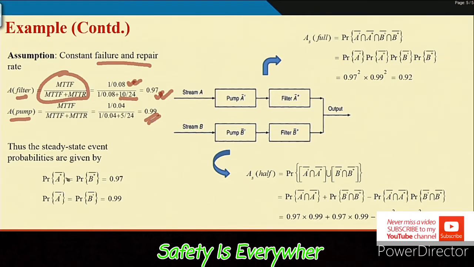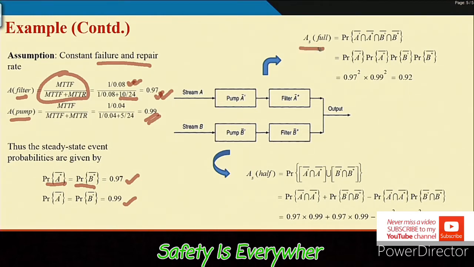So, the probability of filter success is 0.97 and the probability of pump success is 0.99, that is what is computed. Now, what we are interested to know is when we will be getting the full production. So, we want to know the availability for full.